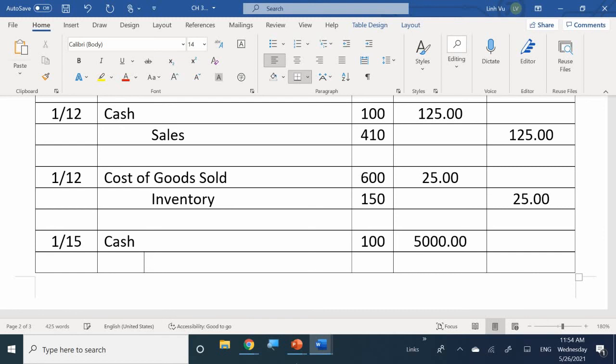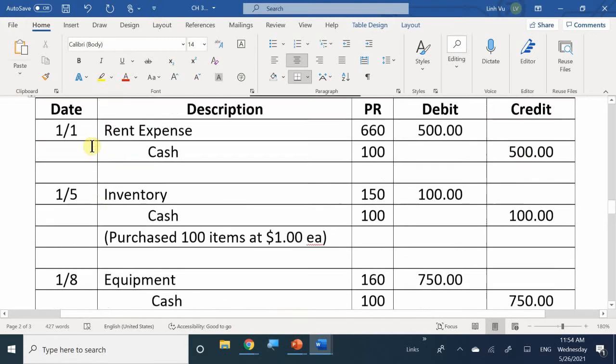So in this case, we are going to be crediting our loans for $5,000 because this tells us we owe money to somebody for $5,000. But at the end of the day, because we borrowed money, we're getting money in return because that's the deal, right? When you borrow money, you're going to get the cash on your end. But you're going to owe this person money. In this case, it's a bank.